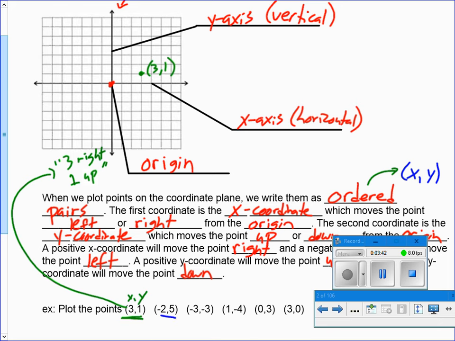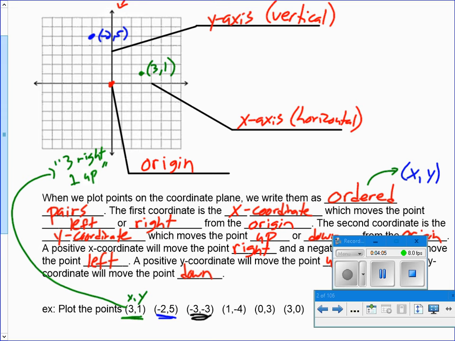Same idea for (-2, 5). Now our x-coordinate is negative, so we're going to move left 2, and then positive 5, so up 5. That idea is still the same when both coordinates are negative. For (-3, -3), the first negative 3 moves us left 3.